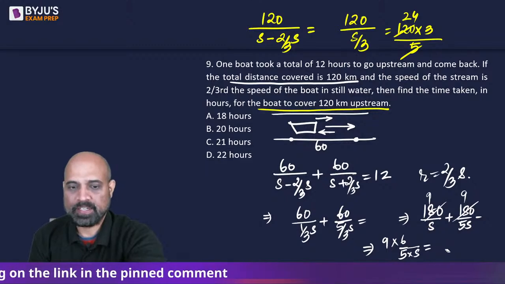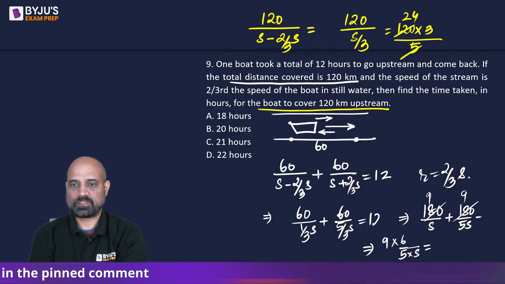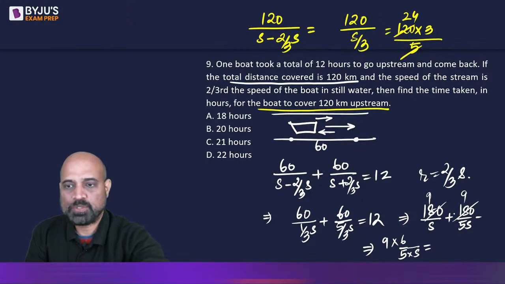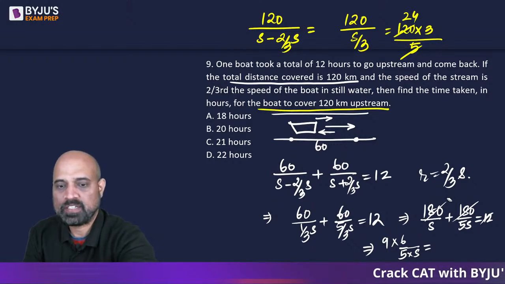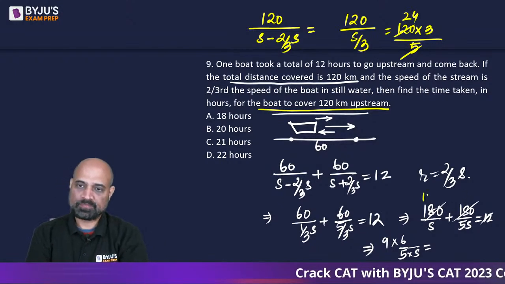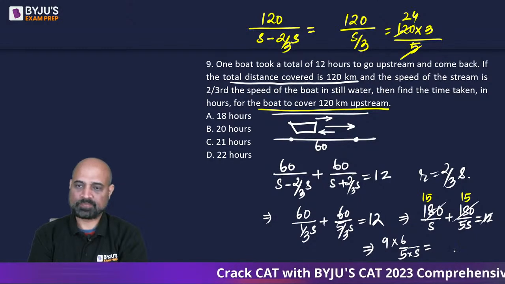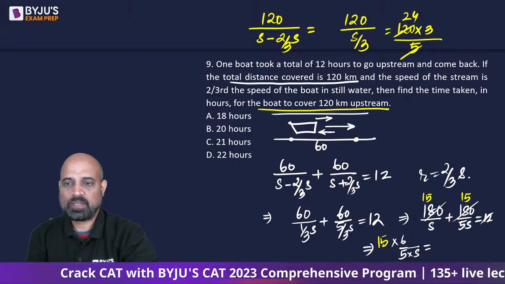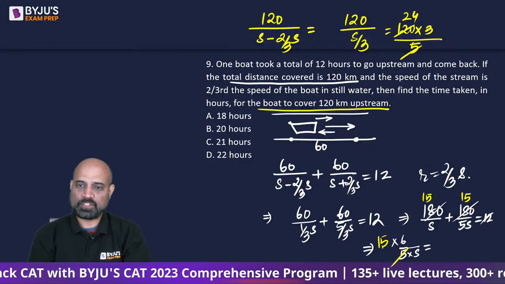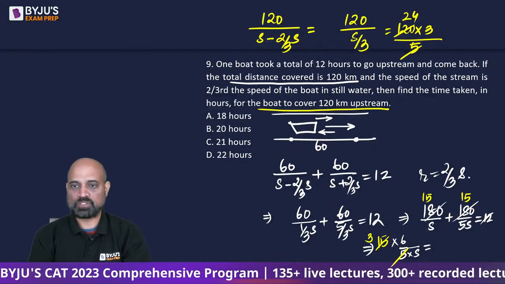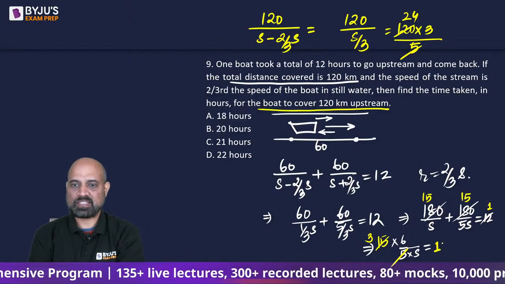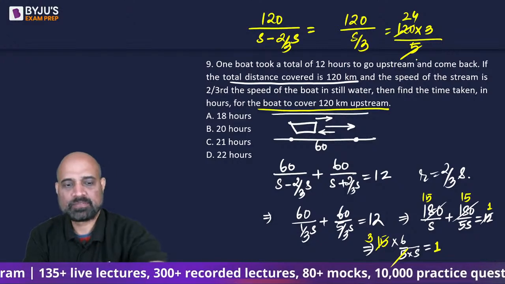This isn't 20. Automatically 12 कहाँ से आ गया? So this will become 12. So this will go actually 15 times. So we can take out 15 common and write this as 6 into 5. So this 5 goes away. So this becomes 3 and this is 1. So we will have S is nothing but 18.